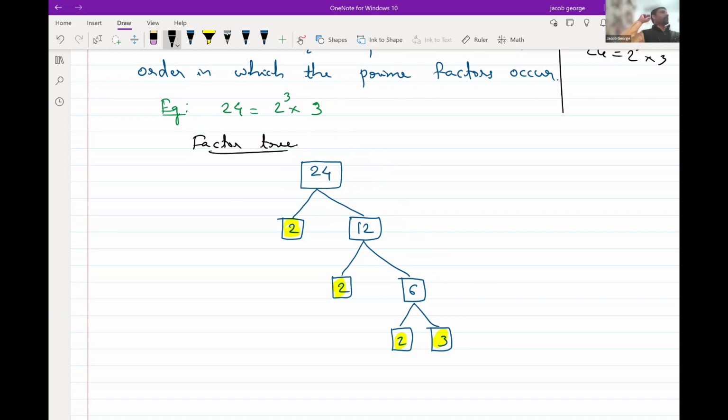Two cube into 3. Did you complete this one? So fast? Every week. Okay.